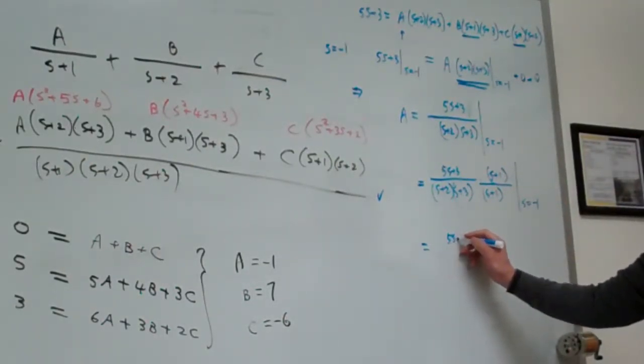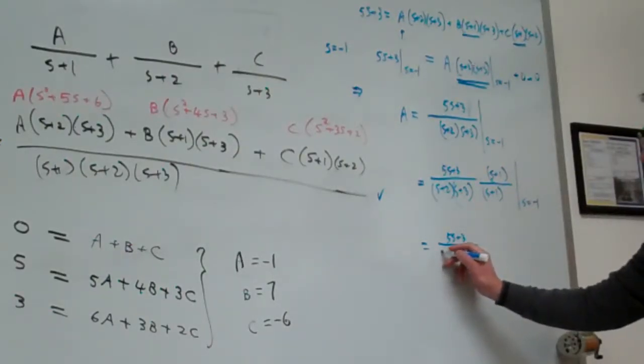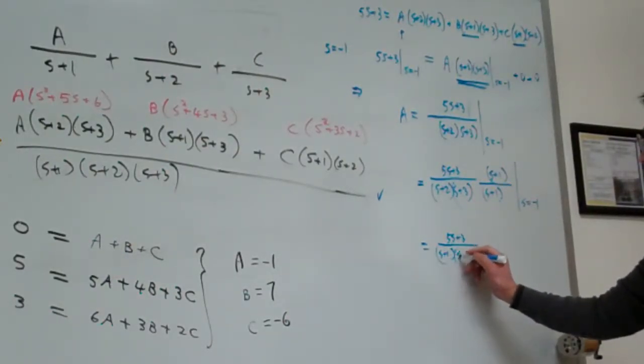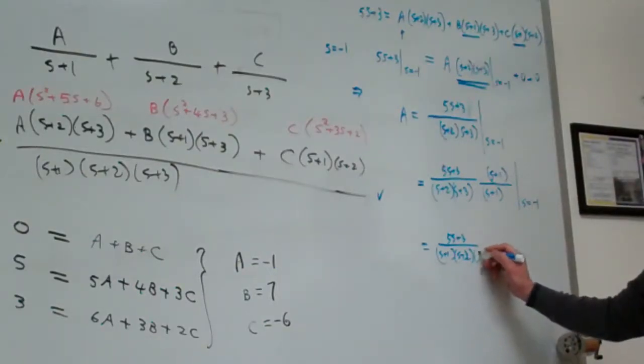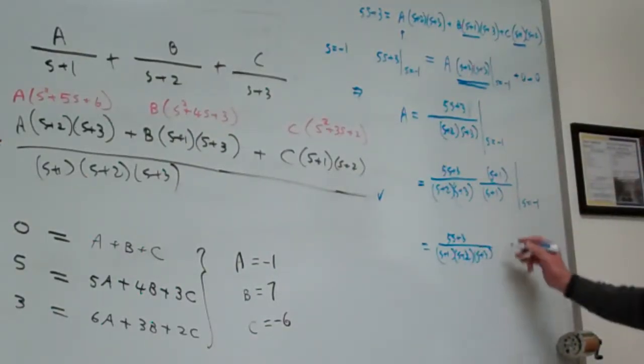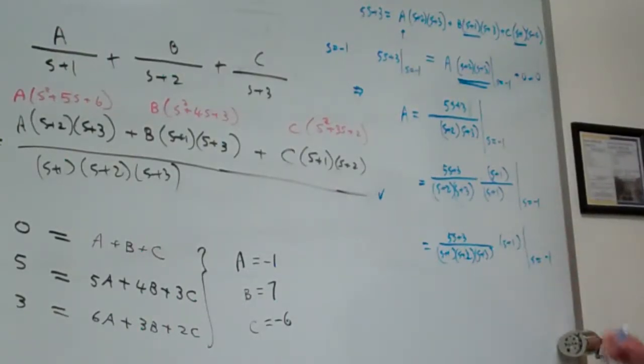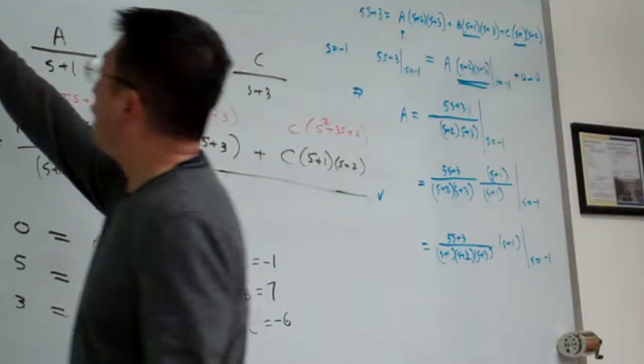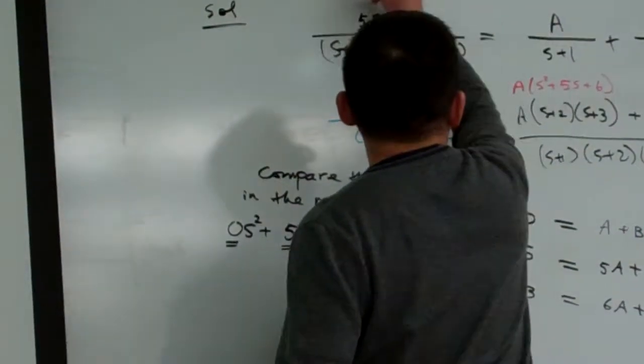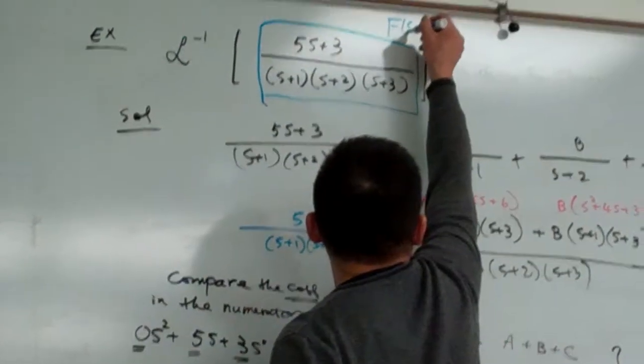So based upon this one, let me rewrite. That basically becomes (5s plus 3) over (s plus 1)(s plus 2)(s plus 3), and then multiplied with (s plus 1), at s equal to minus 1. So let me define our original given function, let me call that f of s.